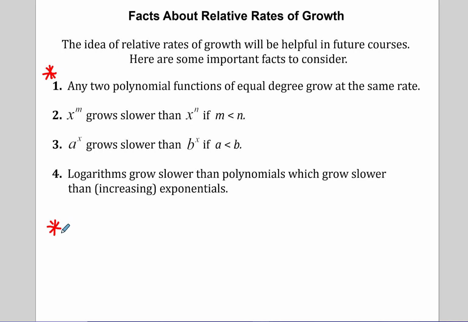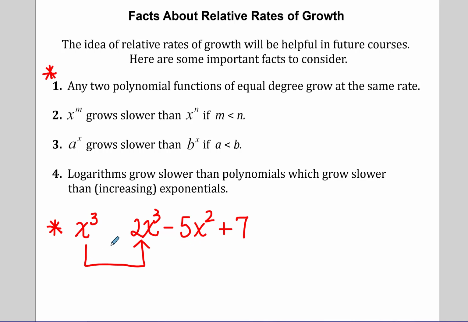So for example, if I had a function like x to the third, and I also had a function like 2x to the third minus 5x squared plus 7. Remember, I'm only considering these 2.